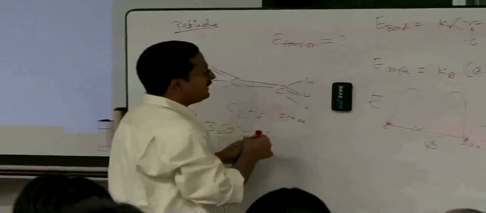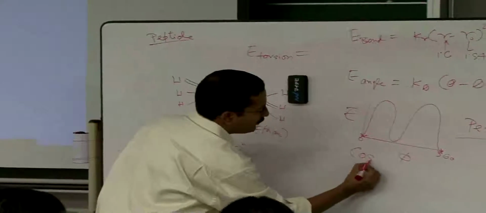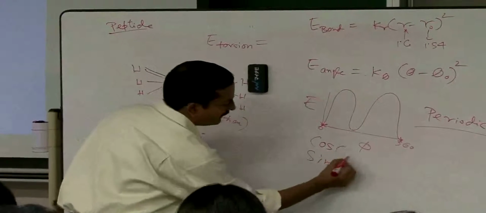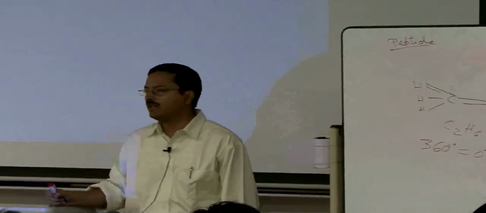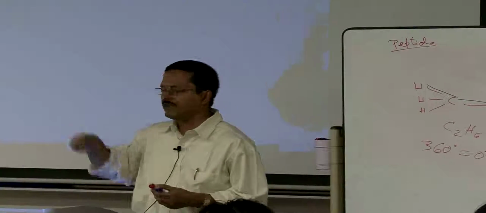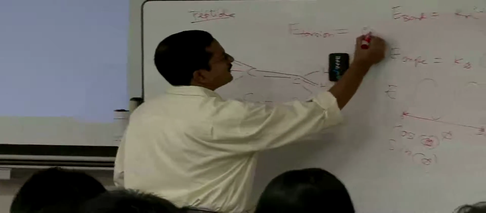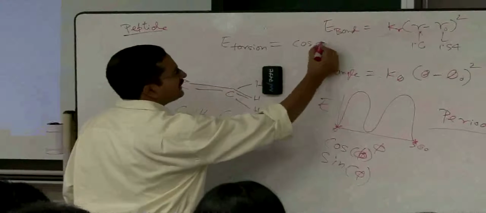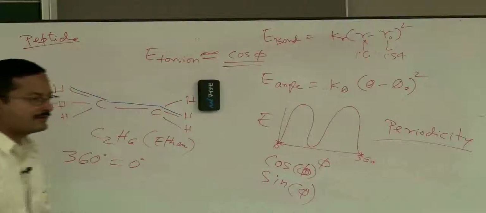And if it is a periodic function, then one way to represent this is by cosine or sine, because any periodic function you can represent by a trigonometric function, cosine or sine, because sine and cosine also repeat the value. That is why the torsion energy was represented like this. There are some other terms as well, but mostly it is a cosine function.